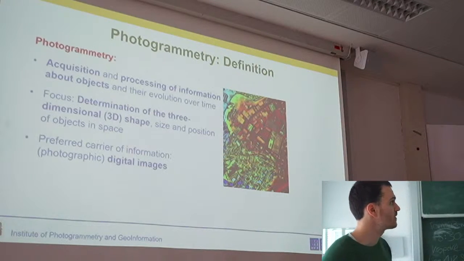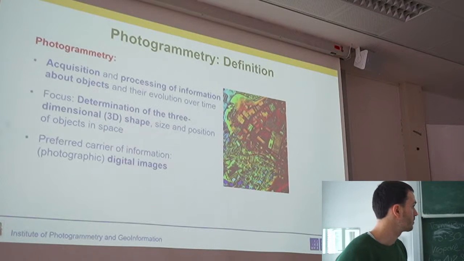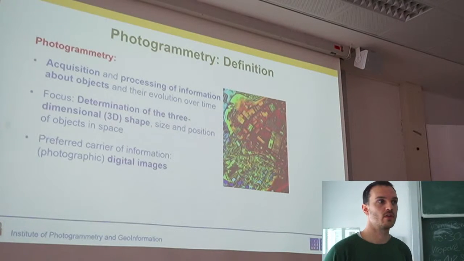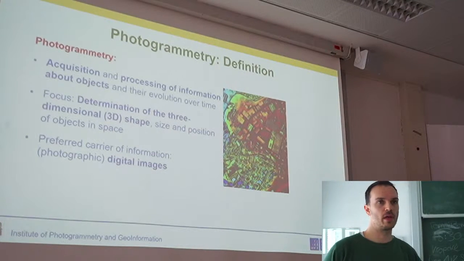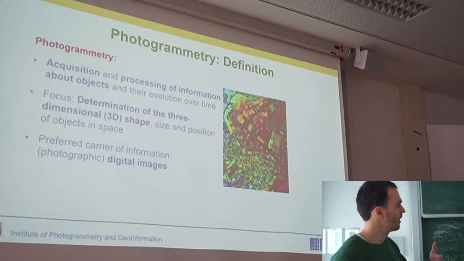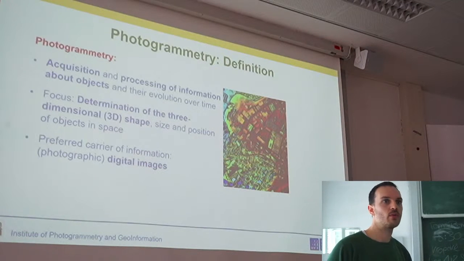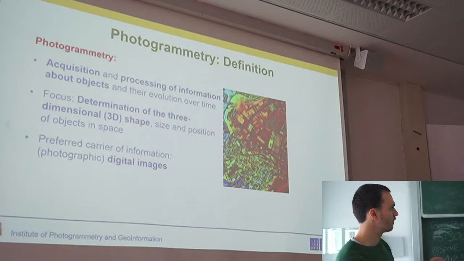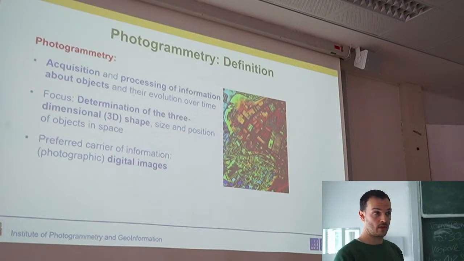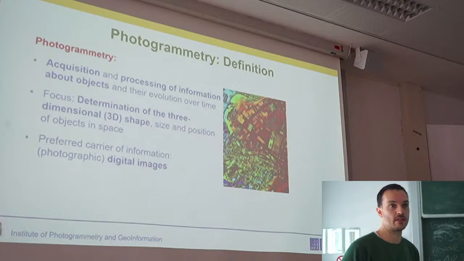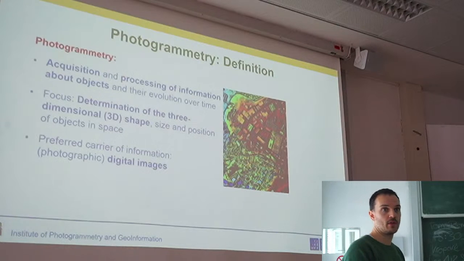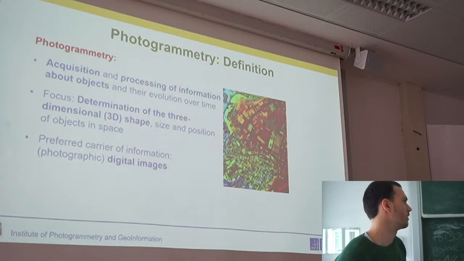Here it says shape, size, position of objects in space. Position again relates to the example I just gave, where we want to automatically detect road networks. There we are interested in the position of road objects. So this is how this fits in. But of course it's much more complex. This actually includes object classification itself. Maybe we have an image of an object and we want to know what it shows. This would also be included here.